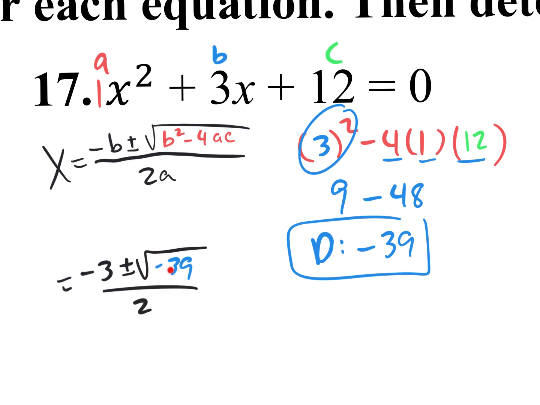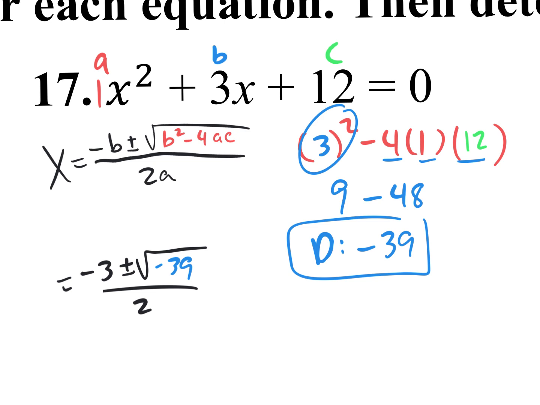Obviously, the square root of a negative is imaginary, right? If you try to do this on the calculator, it won't work because it's imaginary, right? So if it's imaginary, that means it doesn't have real answers. If it doesn't have real answers, it doesn't have real solutions. It doesn't have real x-intercepts. This parabola will not cross the x-axis.